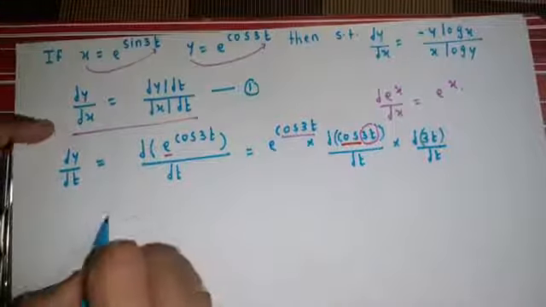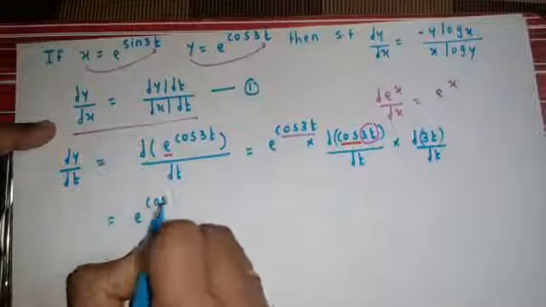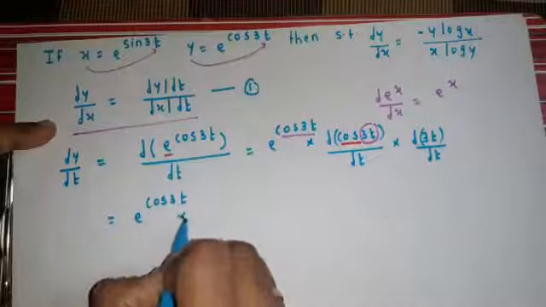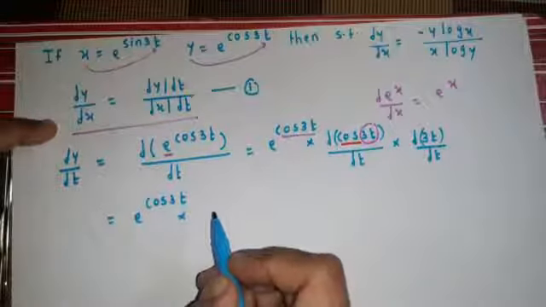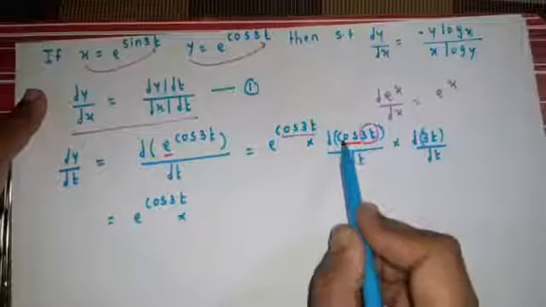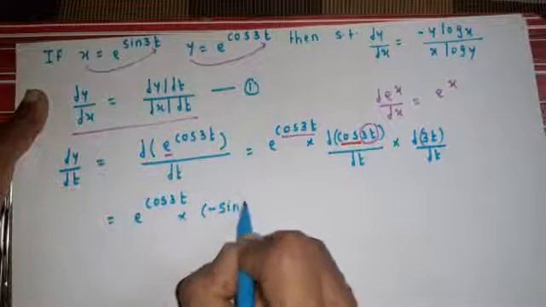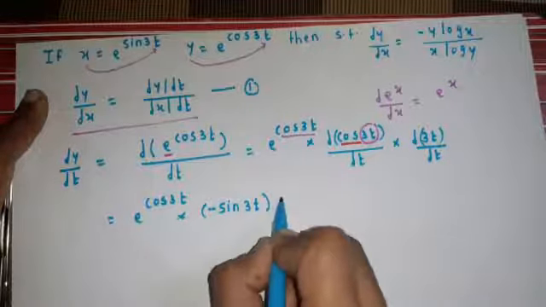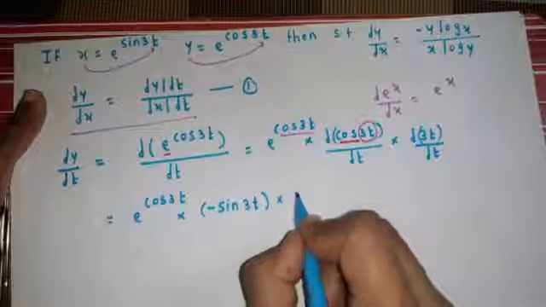Now this is equal to e raised to cos of 3t into differentiation of cos of 3t. Differentiation of cos of x is minus sine of x, and therefore differentiation of cos of 3t is minus sine of 3t, into differentiation of 3t with respect to t, which is 3.